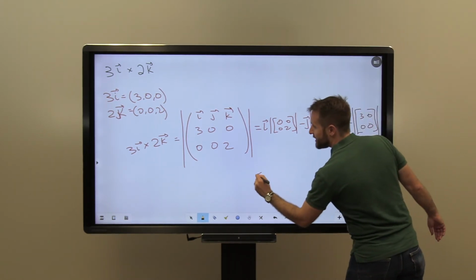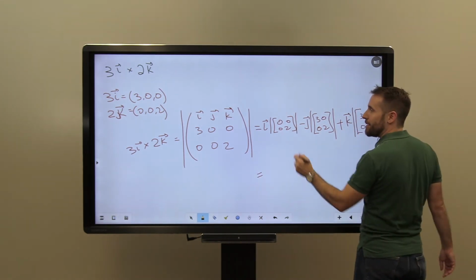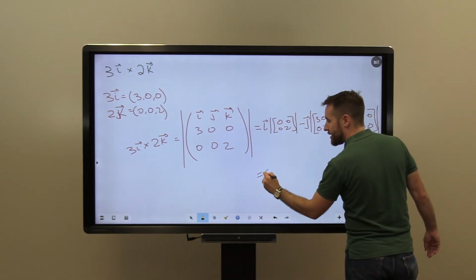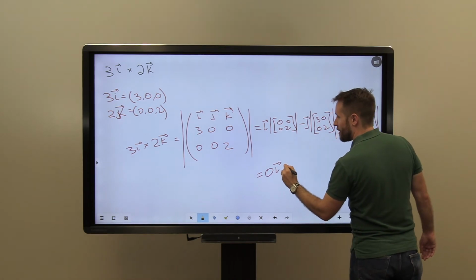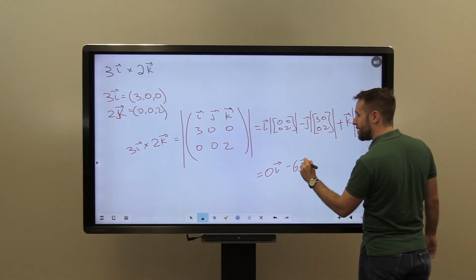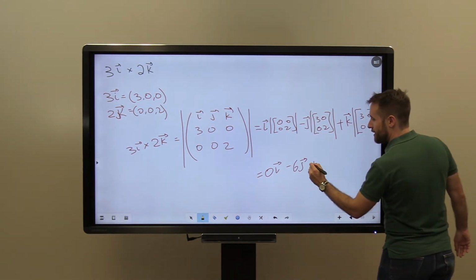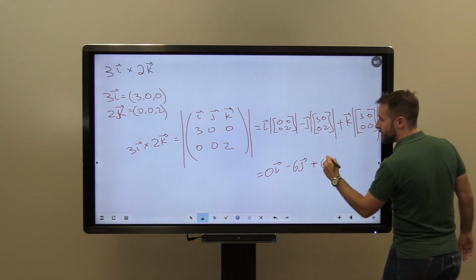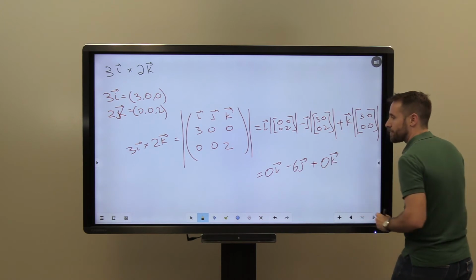When the dust settles, notice that this determinant becomes 0 minus 0, so that's 0i, minus, this is 6 minus 0, so minus 6j, plus, and this is 0 minus 0, so 0k.